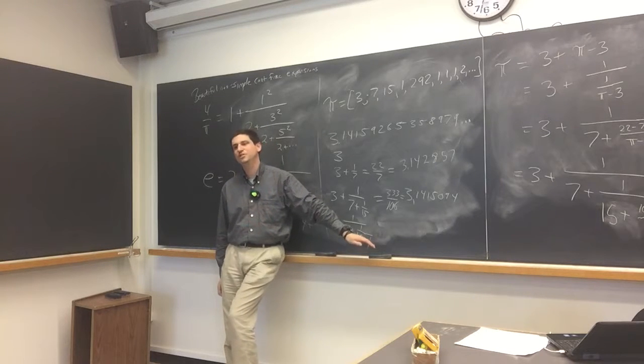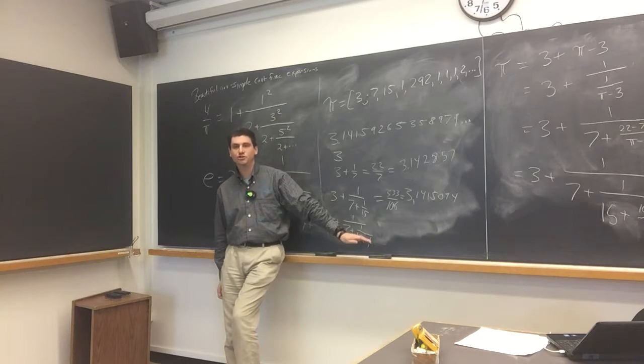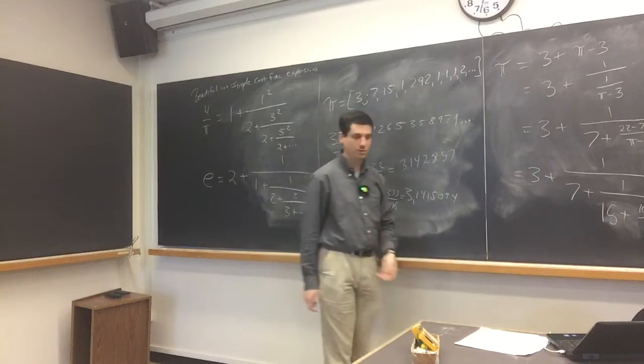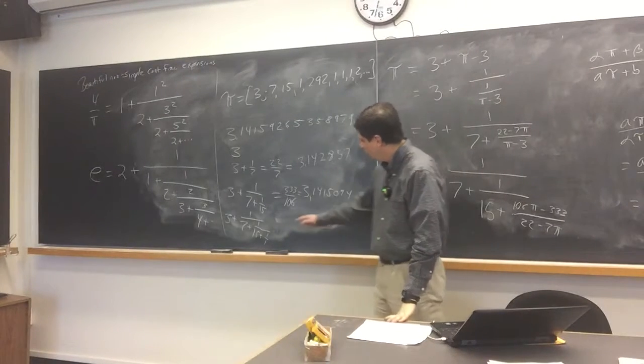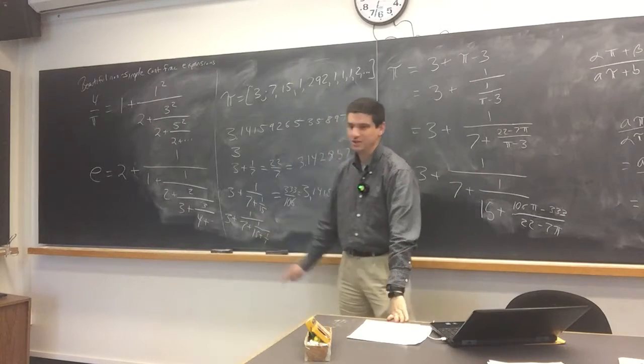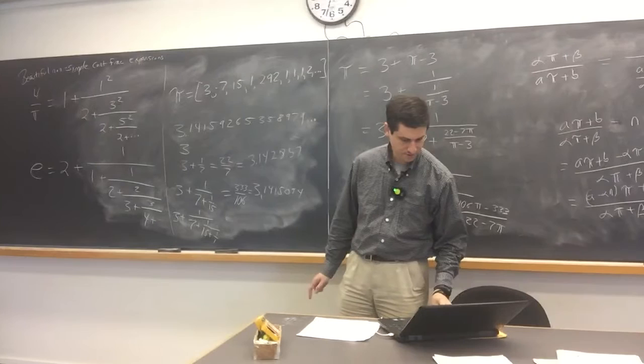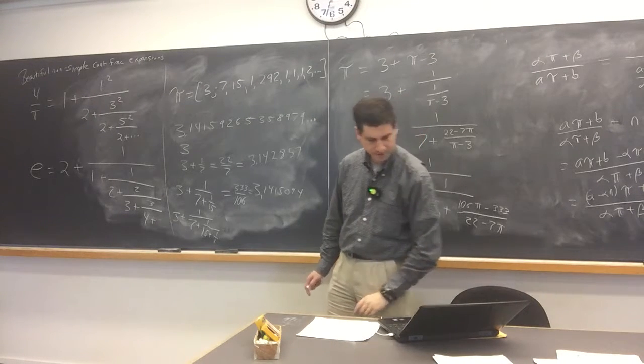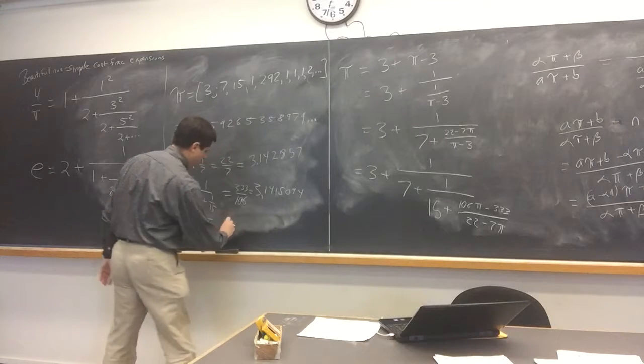Well, 1 plus 1 over 292 is essentially 1, so it's not going to change by that much. So whenever you have a really large number, hopefully the one right before should be pretty good. So this is almost the same as this. All I have to do is change the 15 to a 16, right? And if I do that, I get 355 over 113.